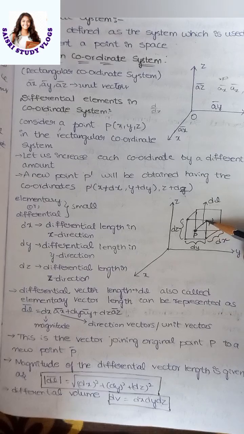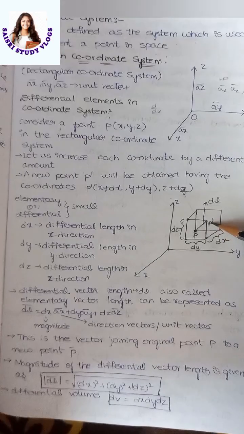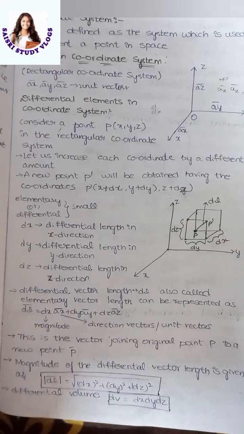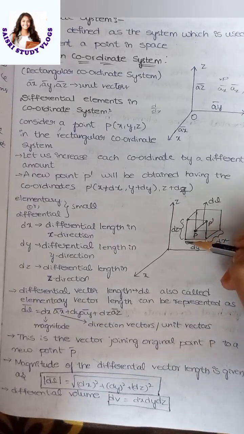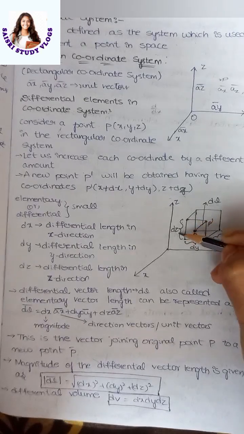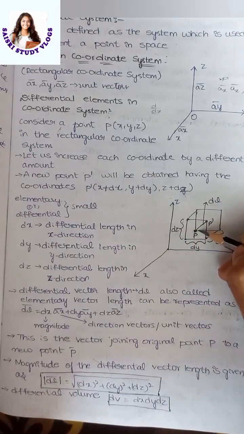As the point position is changed, the axis positions also change. The new point we got is P dash, and the change in the x-axis is dx, the change in the y-axis is dy, and the change in the z-axis is dz. These are the three changes caused due to the change in the position of the point P.